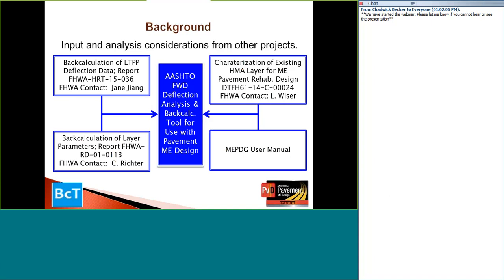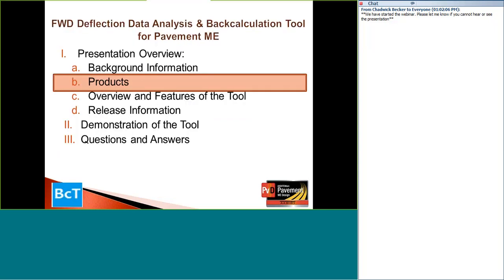And then also the MEPDG user manual, the hard copy. And there were also multiple projects sponsored by various agencies as well as FHWA, completed over time, whose information was included and reviewed for the back calculation tool.